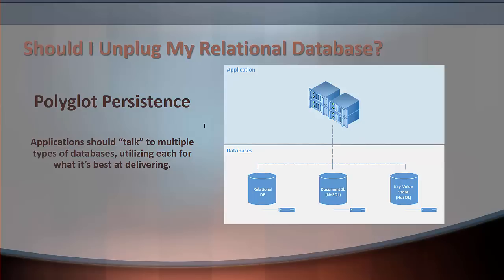But you may say that you're going to store user comments or user ratings in a relational database because you want to make sure that the same user cannot rate the same product more than once.